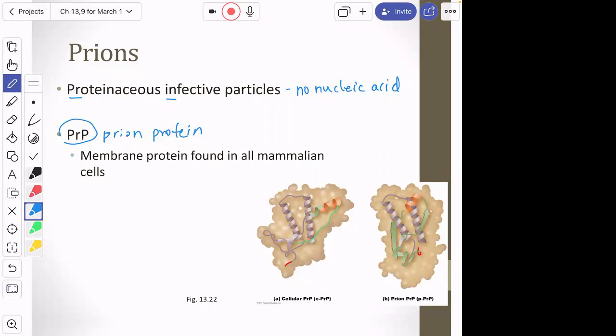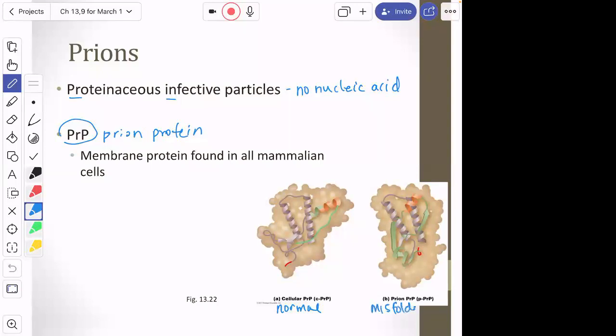We do know that if that protein becomes misfolded, then we call it prion PrP. So in your figure in your book here, the normal PrP is referred to as cellular PrP, and then when that becomes misfolded, they call it prion PrP.